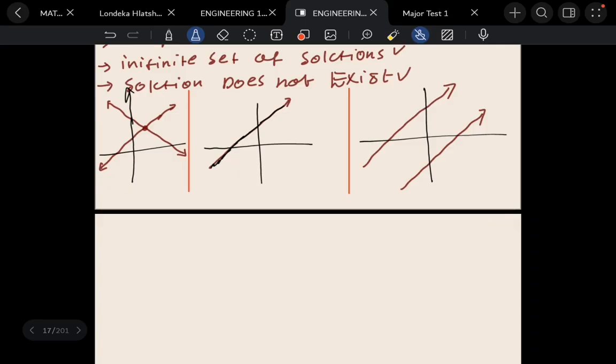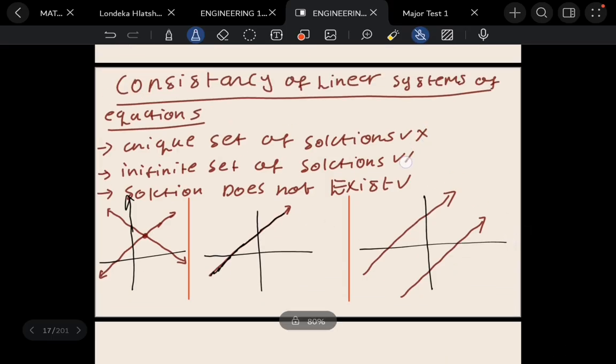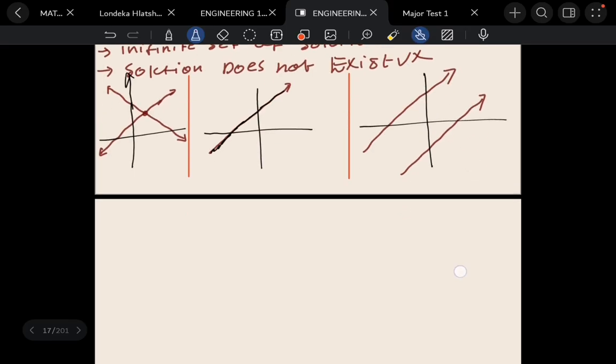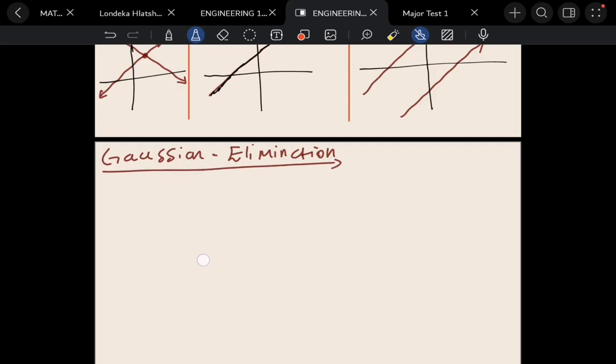Now we have two methods to see that we have these types of solutions. The first one is the Gaussian elimination, and the second one is going to be the rank method.